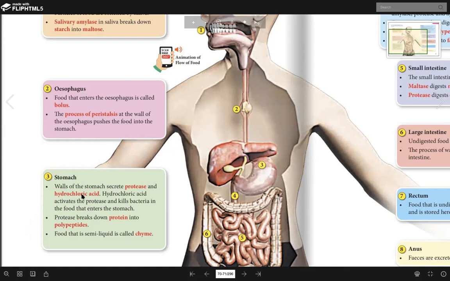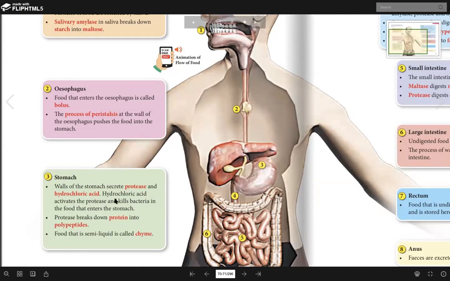Okay, so stomach ni, dinding perut kita ni, dia akan hasilkan dua benda, iaitu protease. Protease ni enzyme. And then it also will produce hydrochloric acid. Okay, so apa fungsi hydrochloric acid itu? Hydrochloric acid will activate protease and kill bacteria in the food.